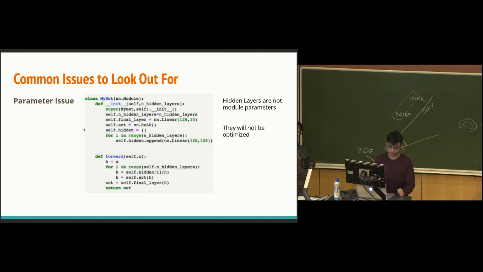But if they are normal hidden layers, such as, in this code, self.final_layer being a linear layer, PyTorch would be able to find those parameters. To tell PyTorch that these parameters also have to be optimized, you have to wrap them either inside of an nn.Sequential or nn.ModuleList.